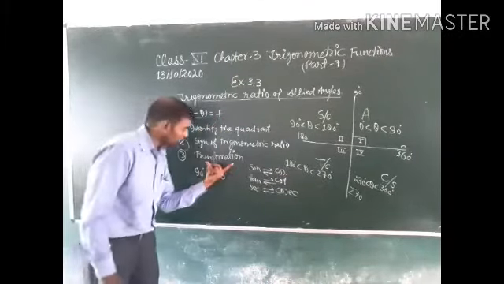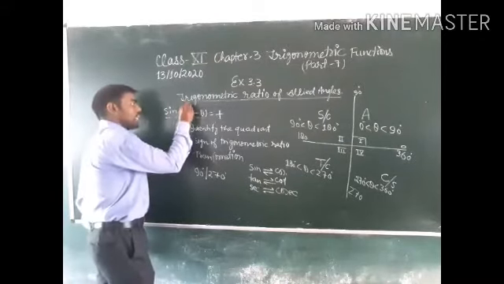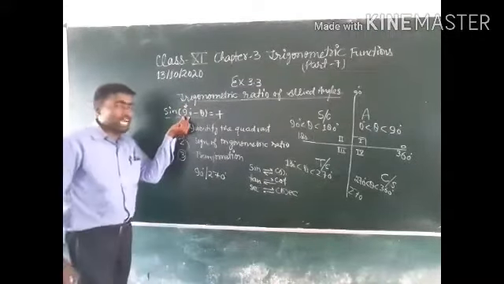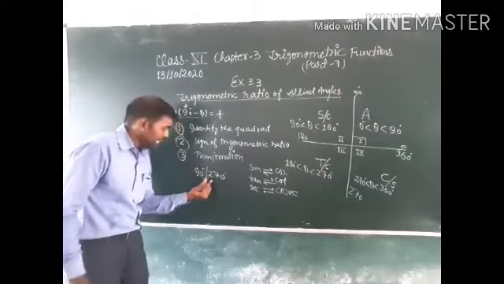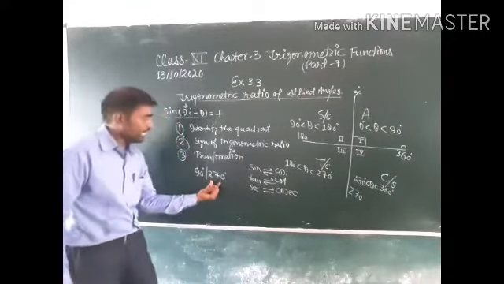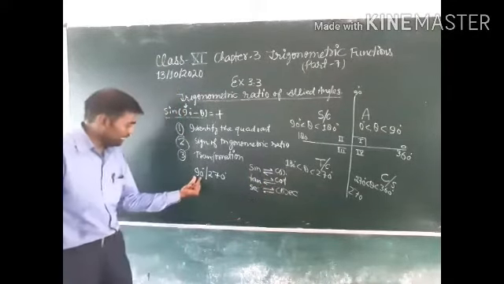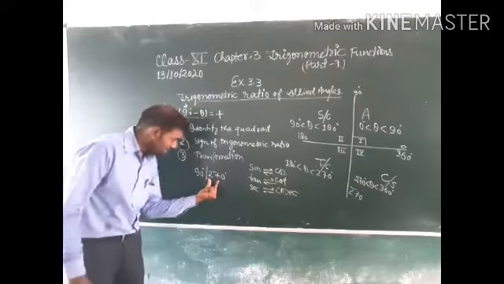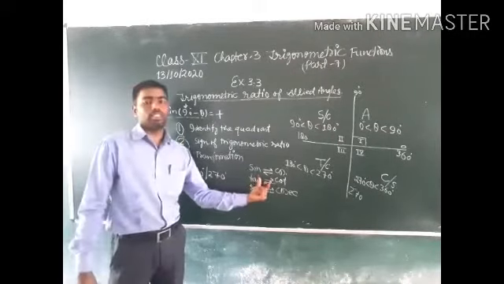And what is the transformation? In sin 90 minus theta, this angle is equal to 90. When 90 and 270 degree appear, then transformation occurs.